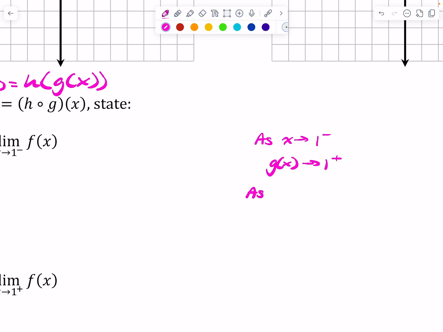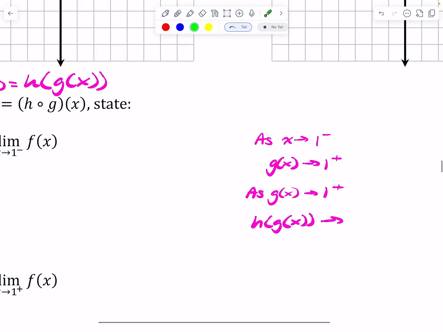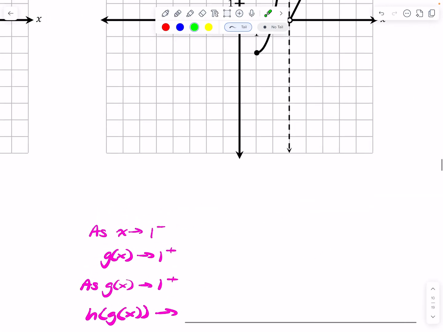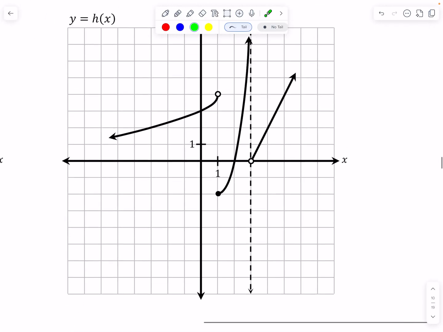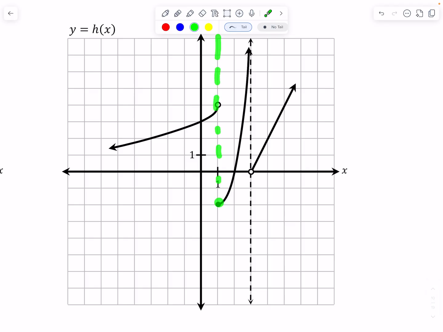So then, as g of x approaches 1 from above, h of g of x approaches something. So the input for h is approaching 1 from values higher than 1. So here's our 1. H is approaching values from higher.